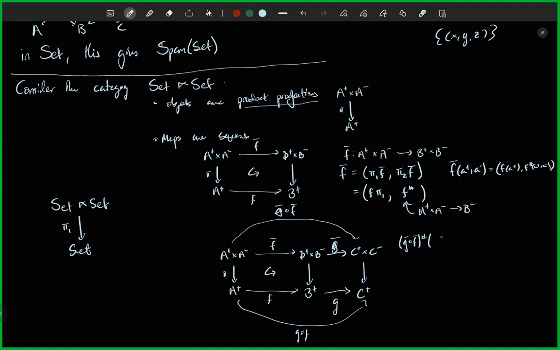So because this is the second component, it's going to take an A plus and an A minus. It's the second component of the resulting map. So what we do is it's clearly G sharp of F bar of A plus, A minus. And we know what that is. So it's G sharp, or sorry, I shouldn't be calling it sharp. I should be calling it flat.